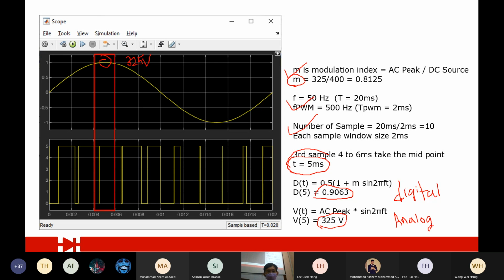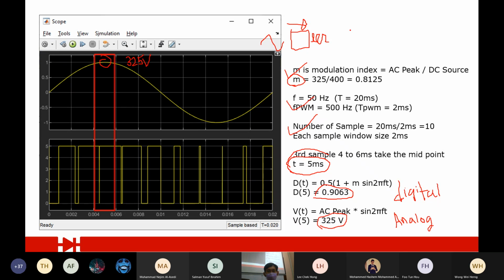Okay. Can you understand? Imagine a modulator. You got sine wave in, and you got the PWM output like that, okay? This is modulation.